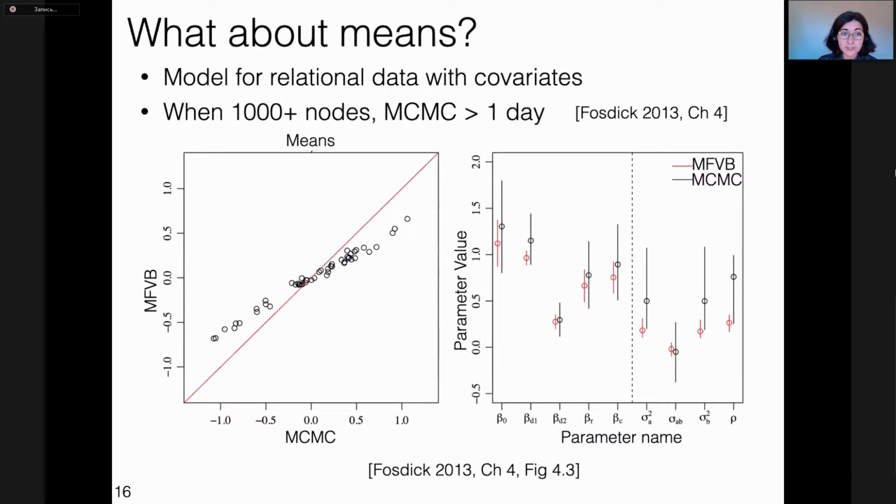And what's interesting is you're seeing that mean field variational Bayes mean estimates are sometimes outside of the 95% credible interval. And so that's problematic, right? Because if you're using this to make decisions, then that suggests that you would make a different decision, that your mean really is outside the range of values that might be an acceptable place for that mean, assuming you care about the Bayesian posterior.